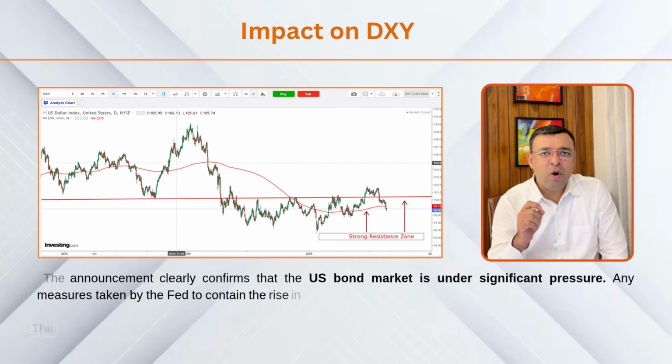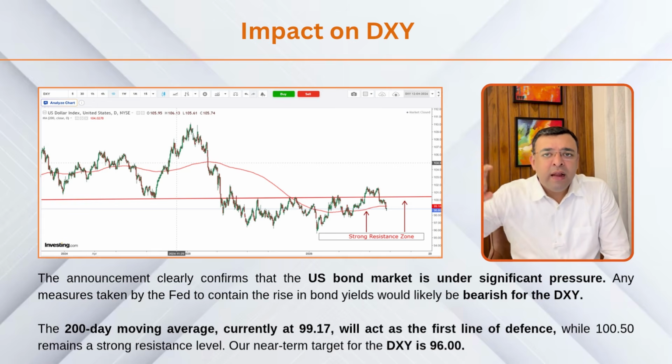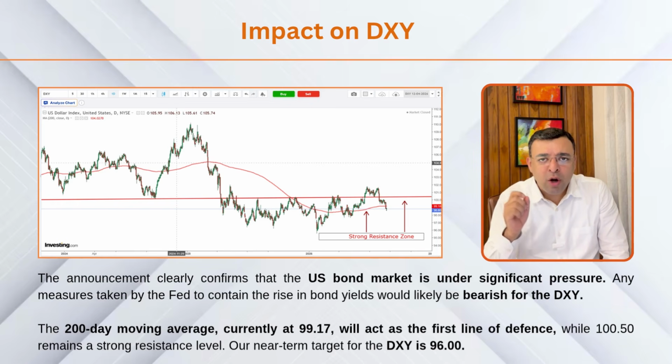Now let us understand what impact it is going to have on the dollar index. The announcement clearly confirms that the US bond market is under significant pressure. Any step taken by the Fed to reduce the yield will be a bearish step for the dollar index.